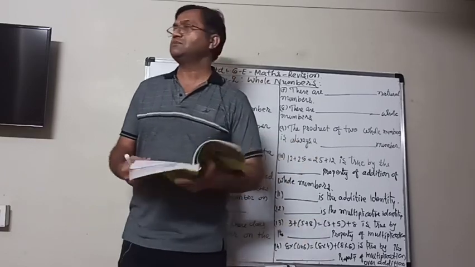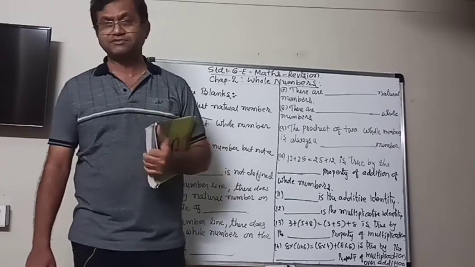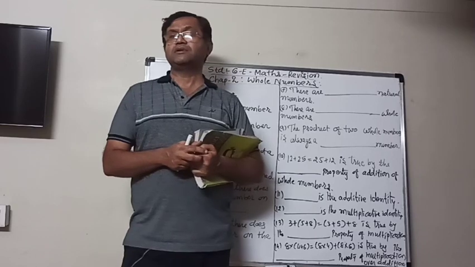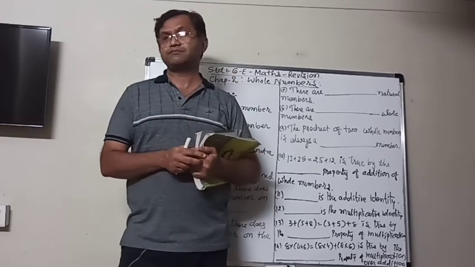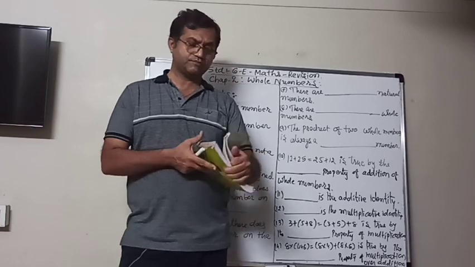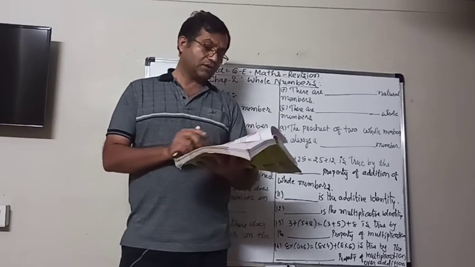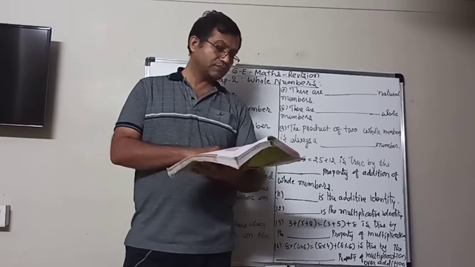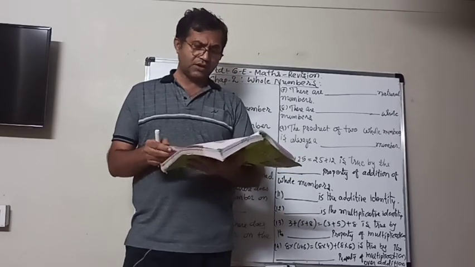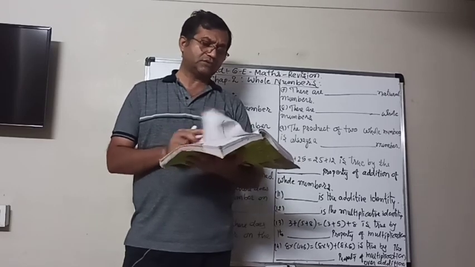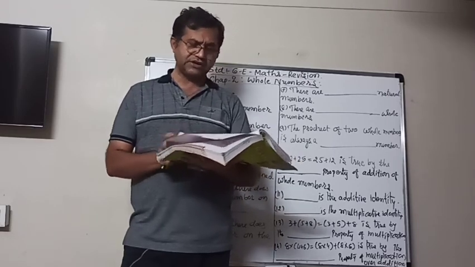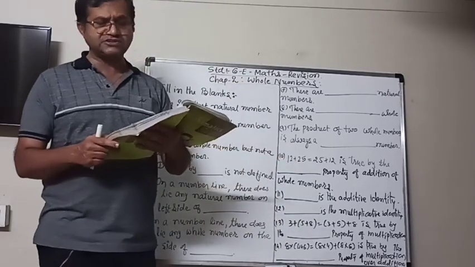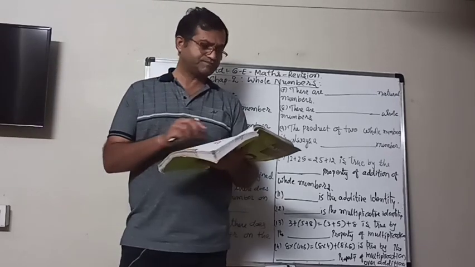Then we also have the properties of whole numbers, like the closure property, commutativity, associativity, and division by 0, which is not possible. Also we learn the property of distributivity of multiplication over addition or subtraction.